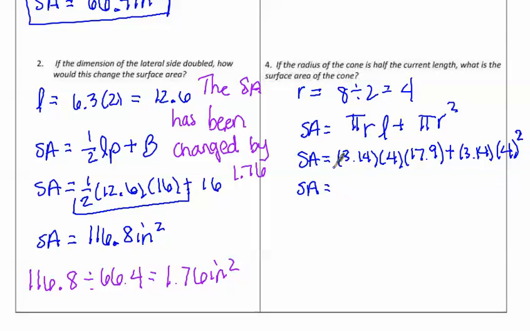You want to multiply each of these sections and then add them together. When I multiply left to right, 3.14 times 4 times 17.9, you should get 224.824 plus 3.14 times 4 times 4, which is 50.24.